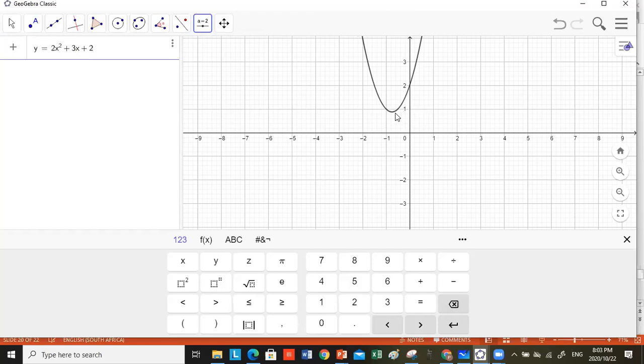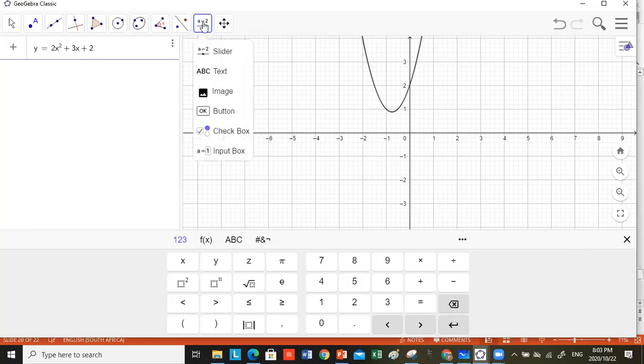Also, this is very important. If our function is just above our x-axis, it means that we don't have real roots. No, not that we don't have them, but they're imaginary. Let's see now.